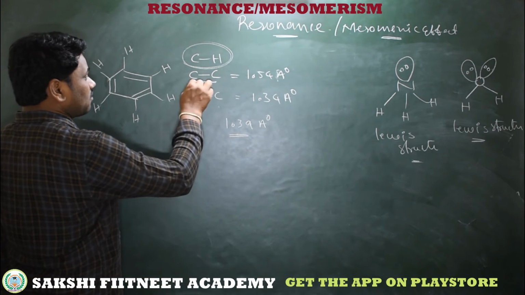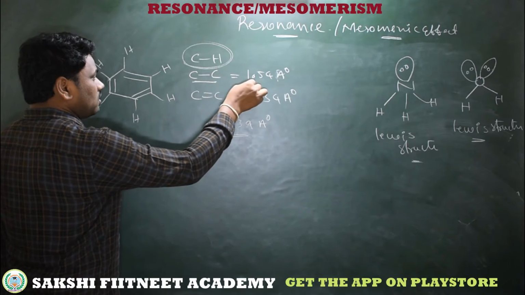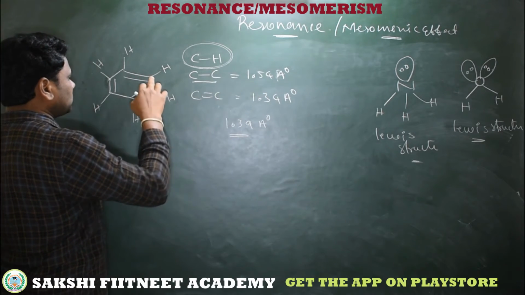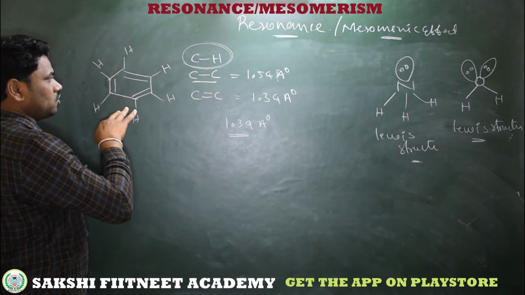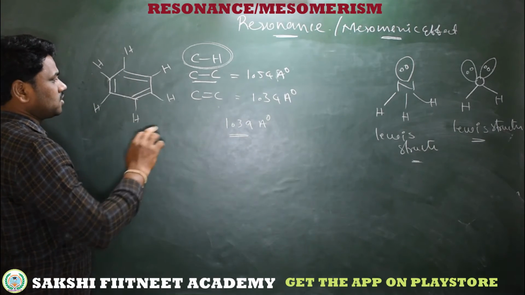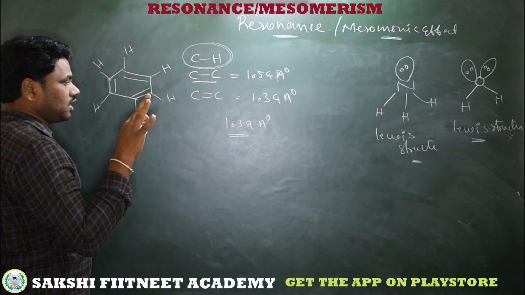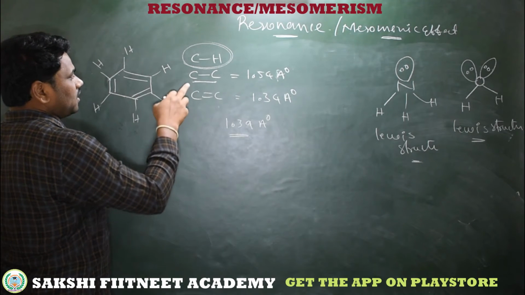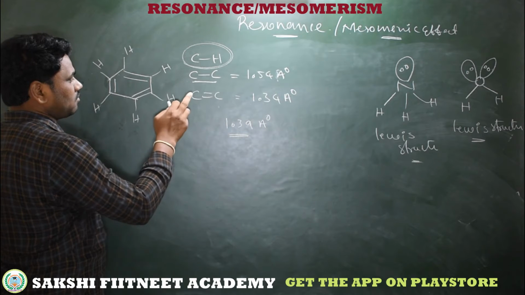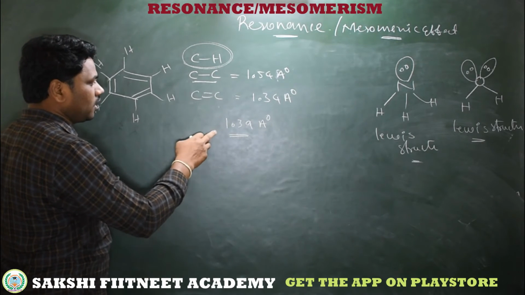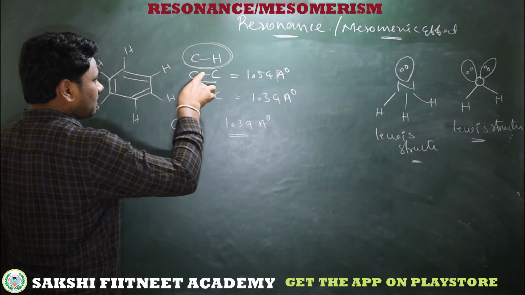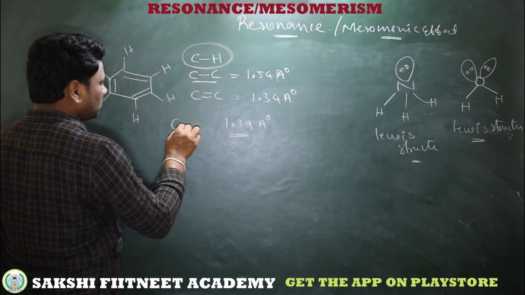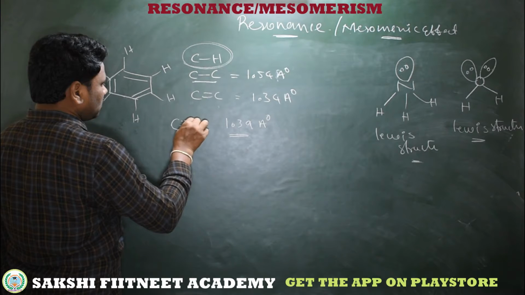Instead of giving 3 carbon to carbon single bonds, there are 3 bonds now, 1, 2, 3. If the compound is fixed in this state, we should get 3 carbon to carbon single bonds and 3 carbon to carbon double bonds. But instead, here we are getting only one type of bond length, intermediate between a single bond and a double bond.